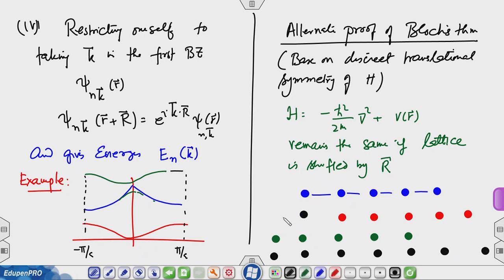The Hamiltonian doesn't change, and therefore, the solution should not change in the way that it changes the physical properties.